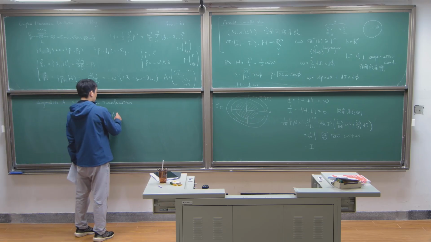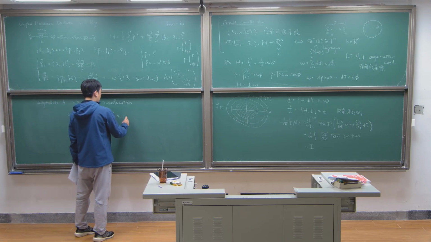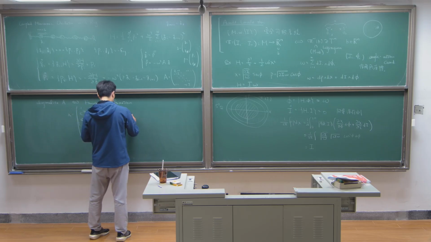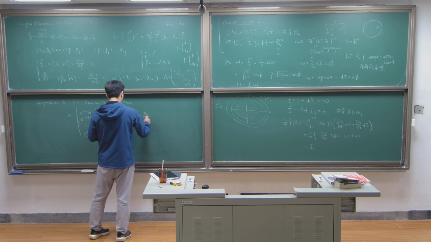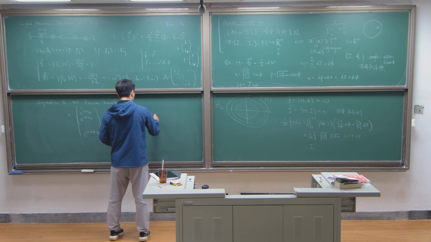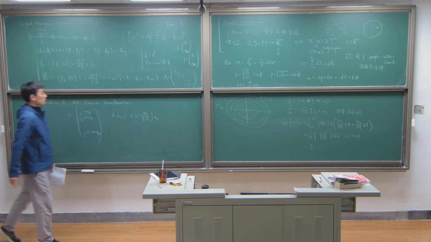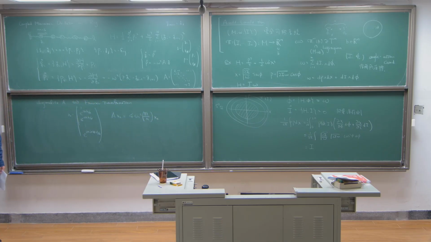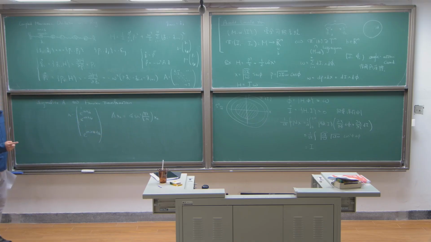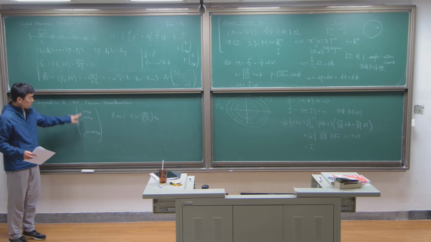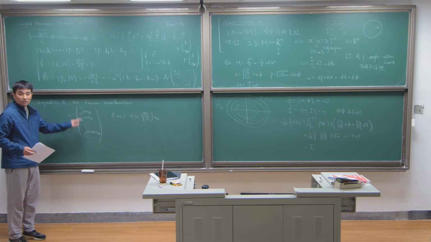Then A acting on x_k, just by simple calculation, gives you the eigenvalue times x_k. So this is the eigenvector and the eigenfunction. As you can see, this is already Fourier transformation. You will encounter those modes in Fourier transformation.